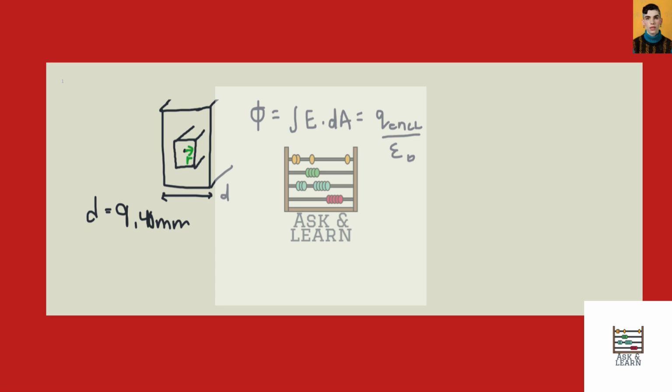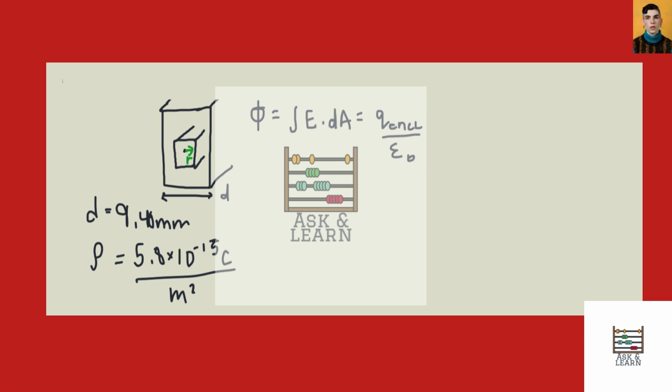You're given rho, the charge density, is 5.8 femtocoulombs, so times 10 to the minus 15, per meter squared. And I think those are indeed the only givens.